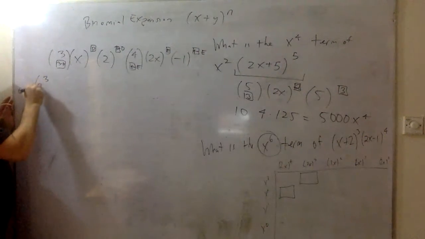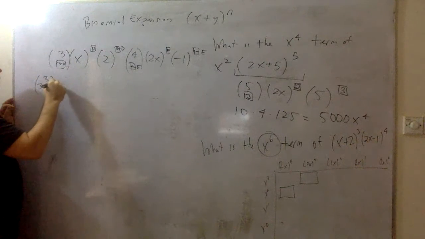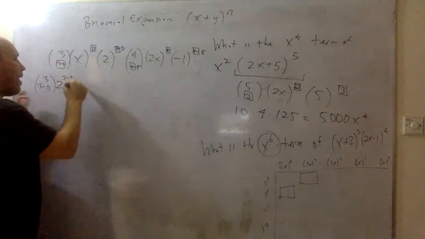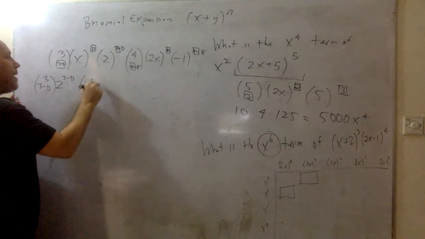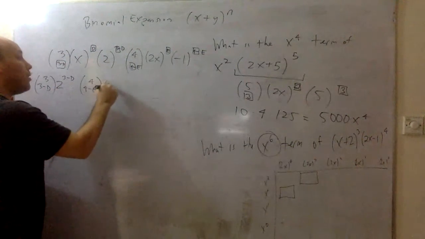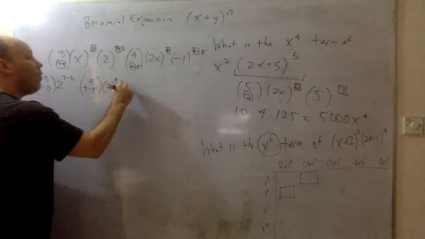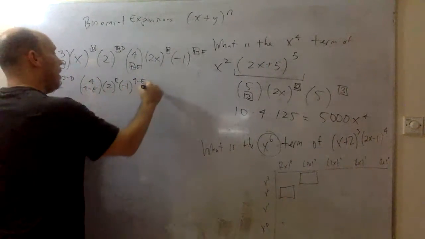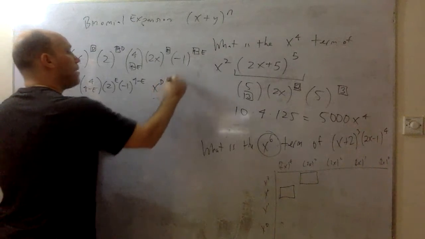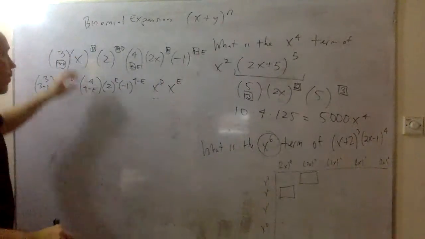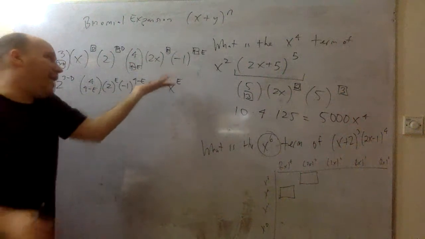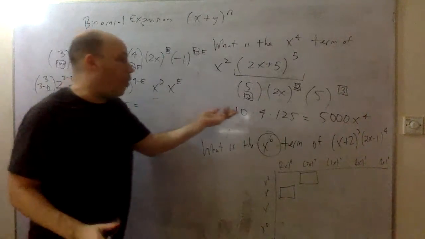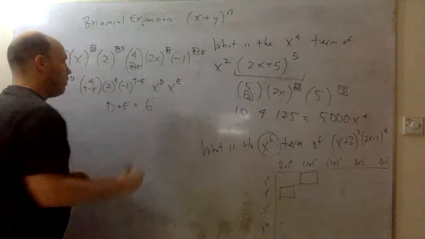So we have 3 choose 3 minus D, 2 to the 3 minus D. We have 4 choose 4 minus E, and we have 2 to the E, and we have -1 to the 4 minus E. What's left over is x to the D, x to the E. We just pulled everything out. Well, what do we need D plus E to equal? We need D plus E to equal 6.